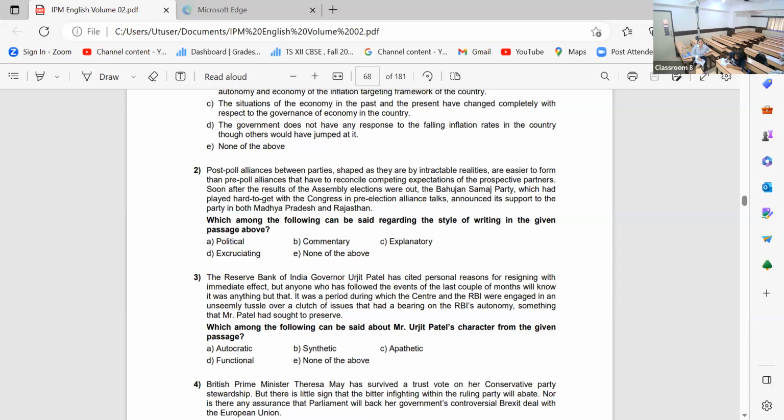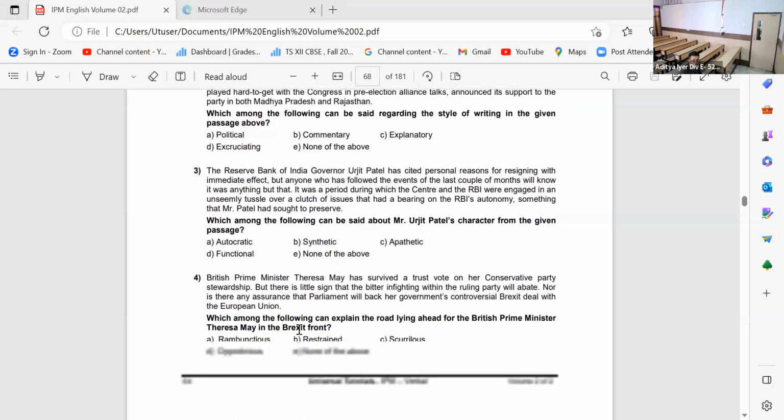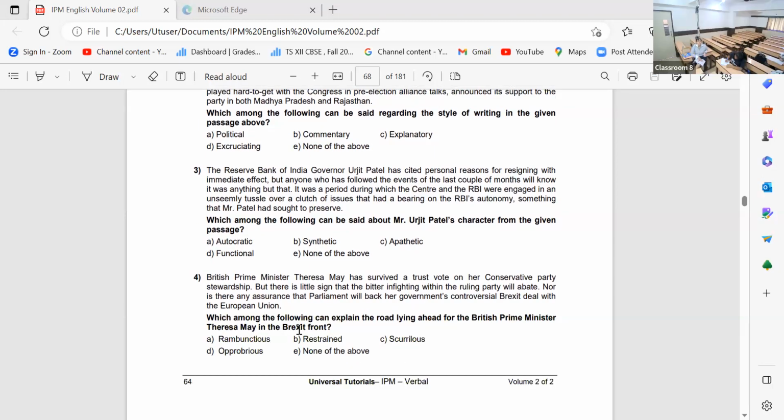Aditya, you're writing, right? Yes, ma'am. I'll give you the keywords for this, okay? Synthetic. Or the example, something I'll give you. Okay. And write down this C, D, functional, synthetic, autocratic, synthetic, functional. Till functional you write down.